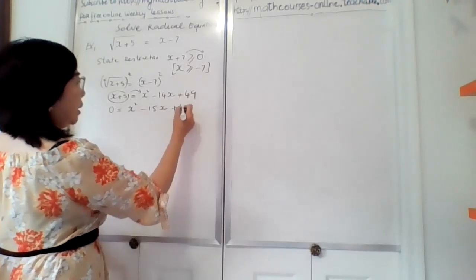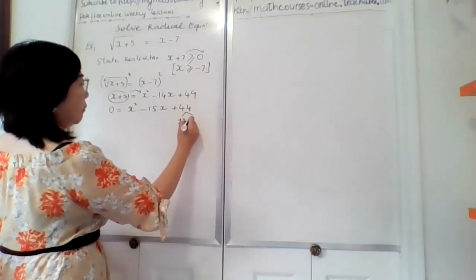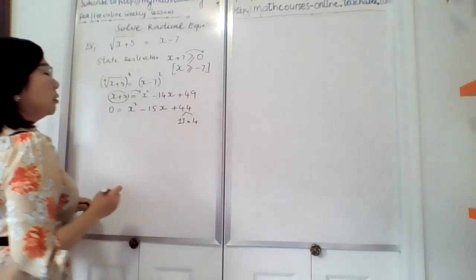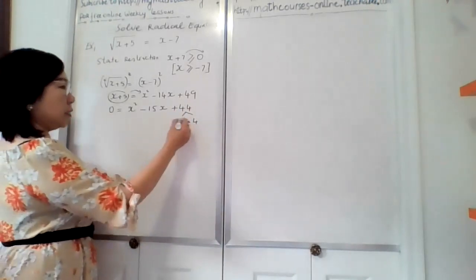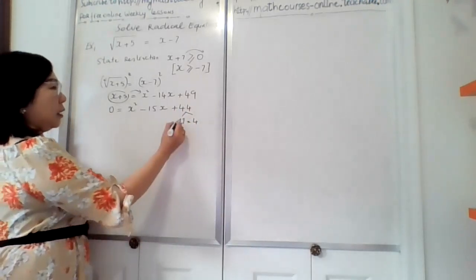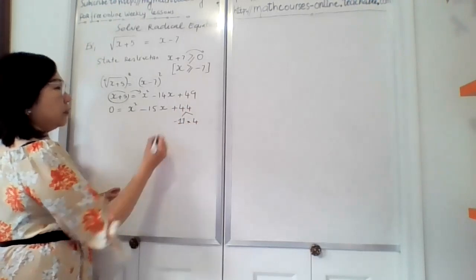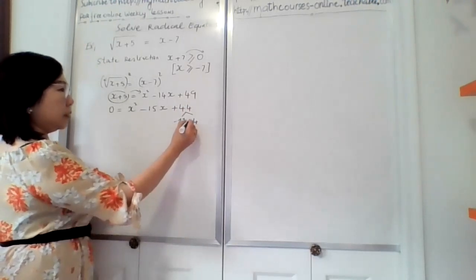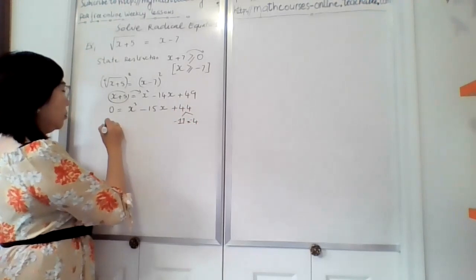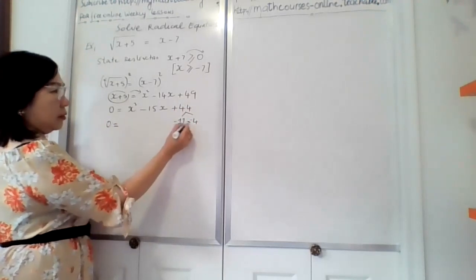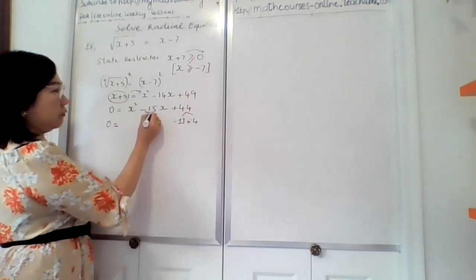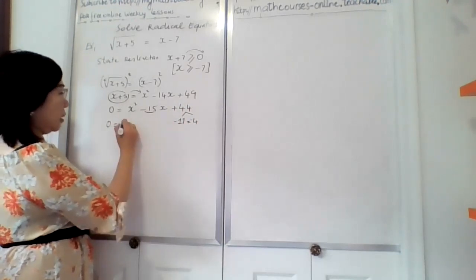If I divide this by 4, I get 11 times 4. So that will split this into 2 factors, and I have to assign the correct sign for these. It should be minus 11 and minus 4, so that when I add them, I get minus 15. That's how I factor, right?